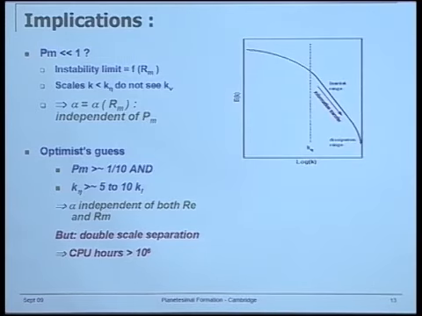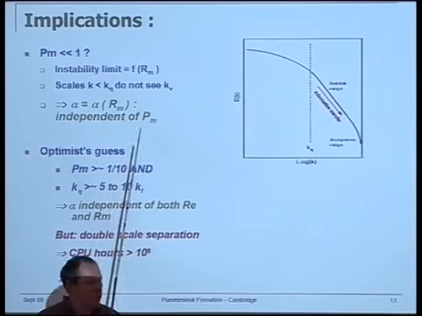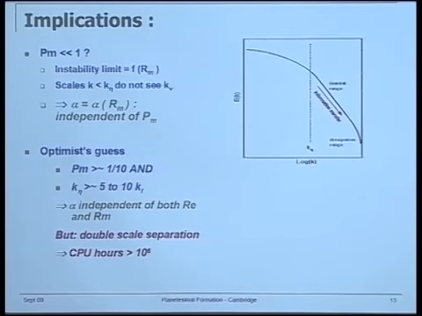And then you'll get an alpha which is probably independent of both the Reynolds number and the magnetic Reynolds number. Independent of the Reynolds number because of this argument, independent of the magnetic Reynolds number because there is probably no inverse cascade. It's an optimist guess.